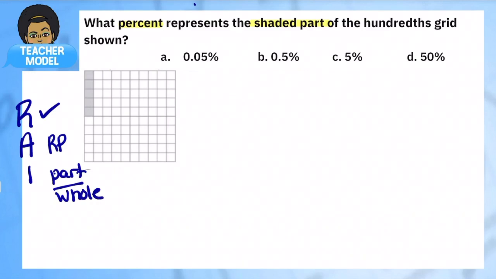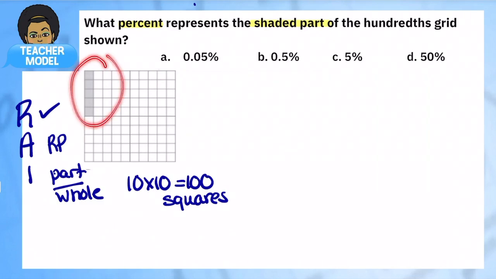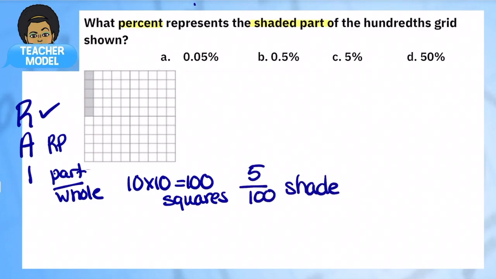And so looking at this grid, and we've seen grids like this before, it's a 10 by 10 grid, which means there are 100 squares. And how many shaded do we see? Well, I only see 5. 1, 2, 3, 4, 5. So 5 out of 100 are shaded.